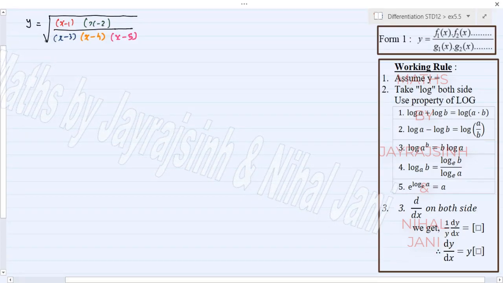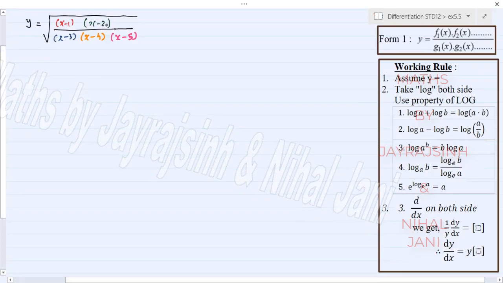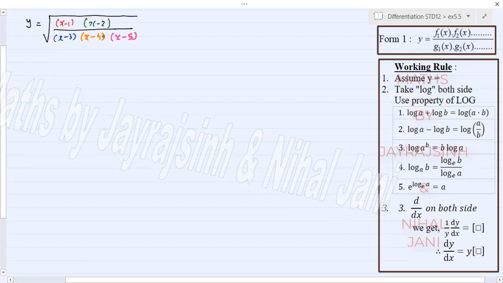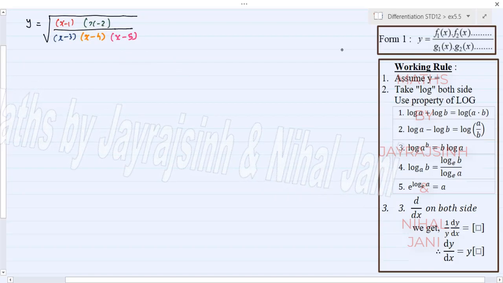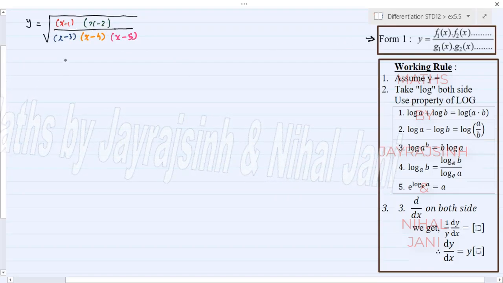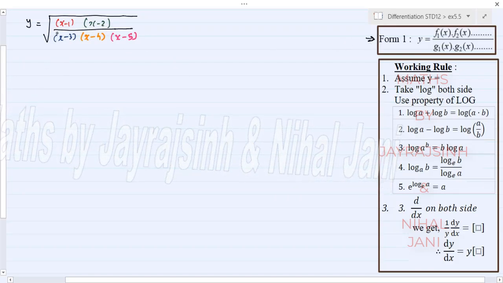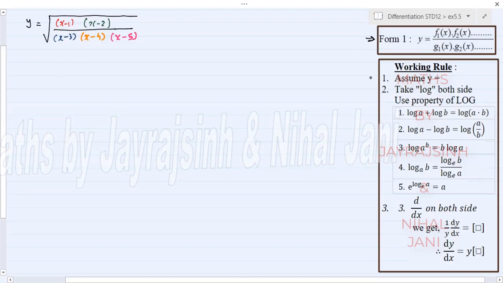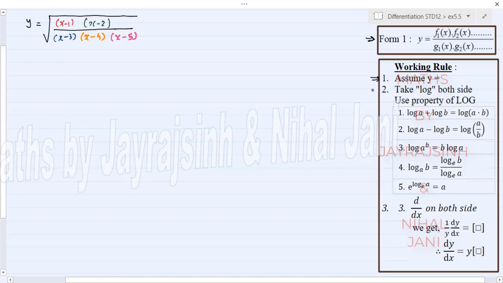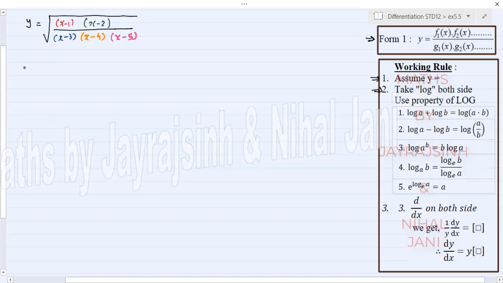Here we have y is equal to under root of x minus 1 into x minus 2 upon x minus 3, x minus 4 and x minus 5, which is in the first form. So let's try to solve using logarithmic differentiation. We already have y is equal to our function, so let's take log on both sides.